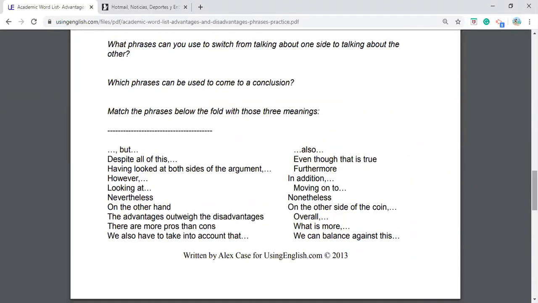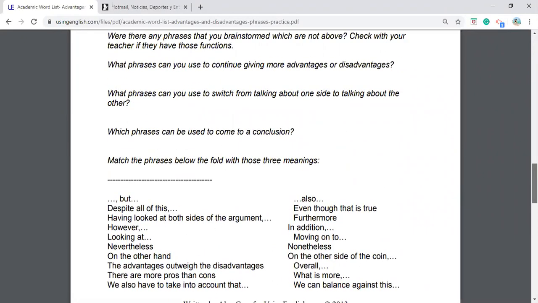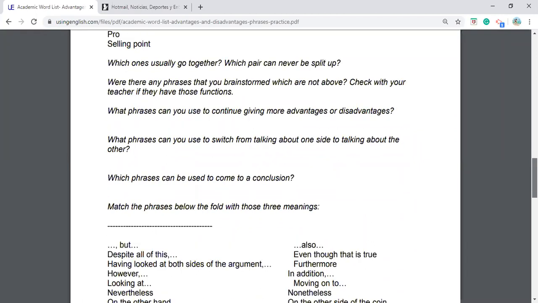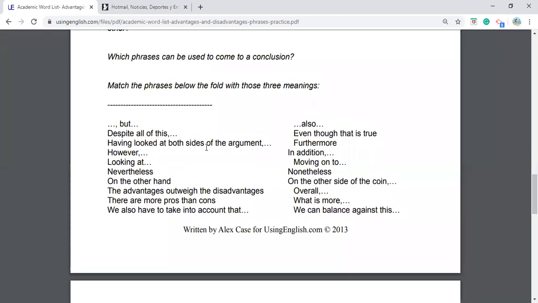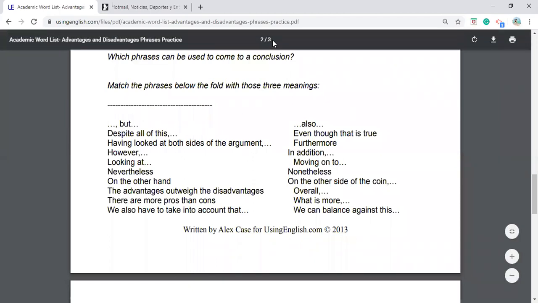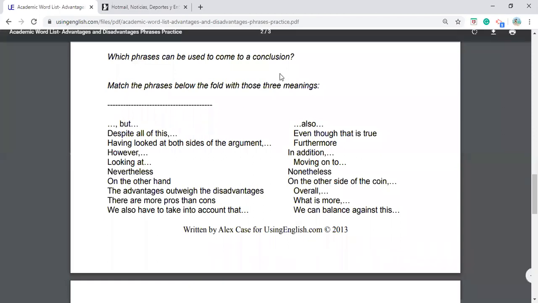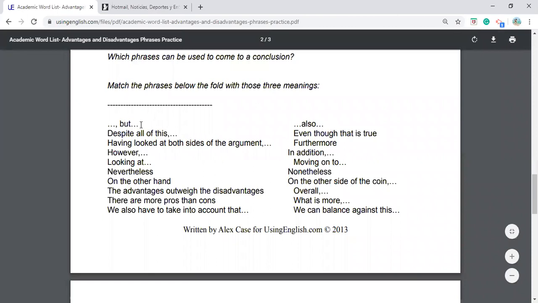And also, here you have some other expressions that you can use, okay? When you are talking about conclusion, or when you are talking about advantages and disadvantages, or making a contrast, etc. For example, when you are making differences, you use but.